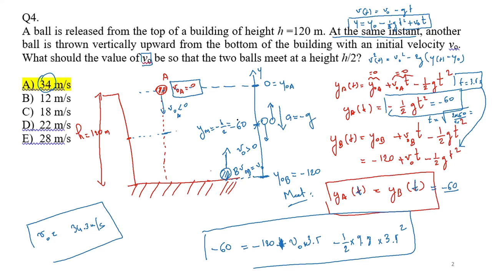Now, your question could have been, what happens if I don't do it at the same time? So basically, I release A at t equals 0, but I release B 1 second after I release A. And there is a problem related to this downward, but I will not solve it here. Sometimes we don't leave at the same time.